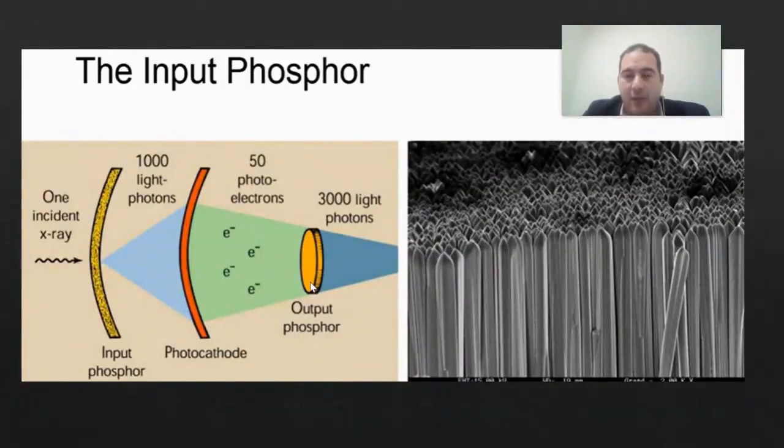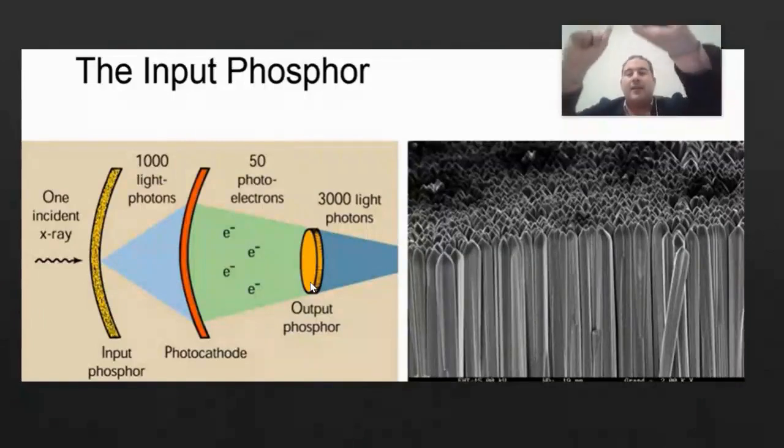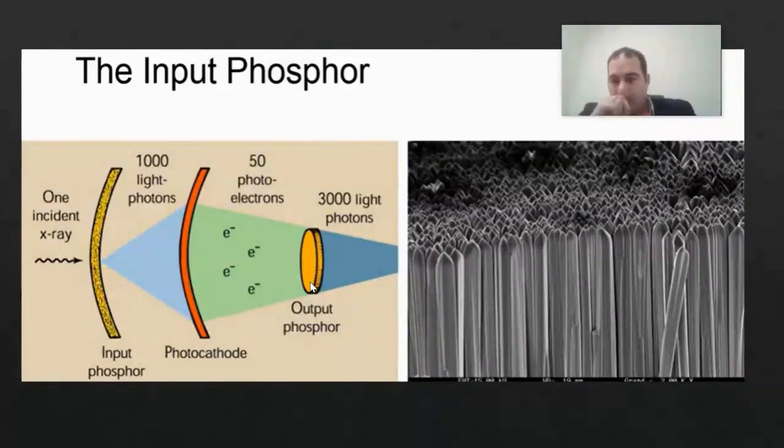In comparison, the minimization you have done is significant. So the ratio between the diameter of the input phosphor and the diameter of the output phosphor, the whole square, I call it the minification gain.